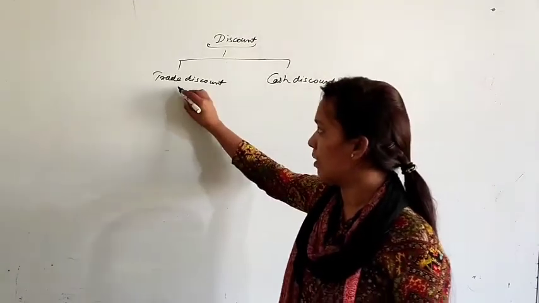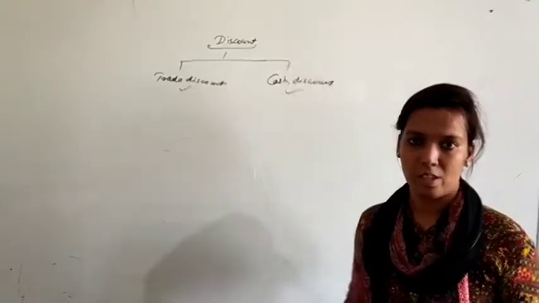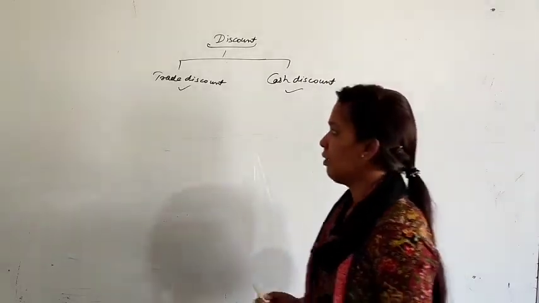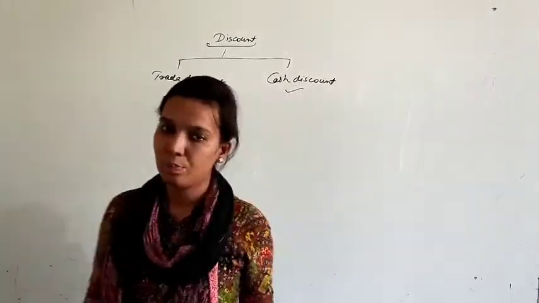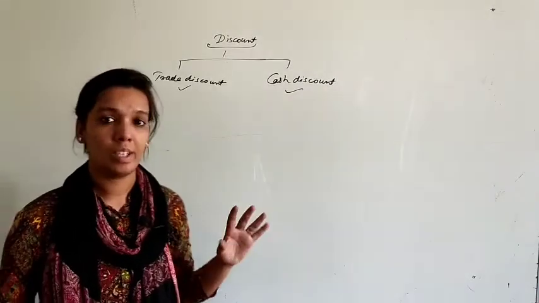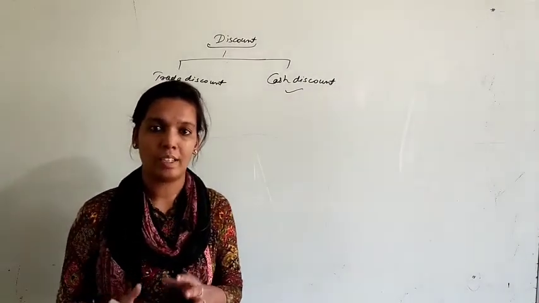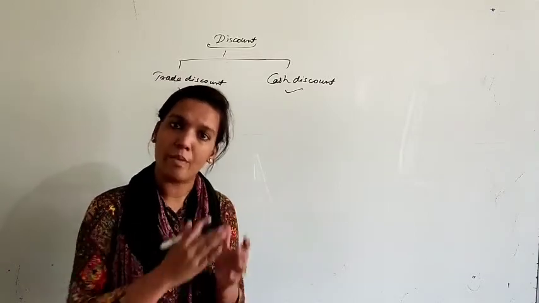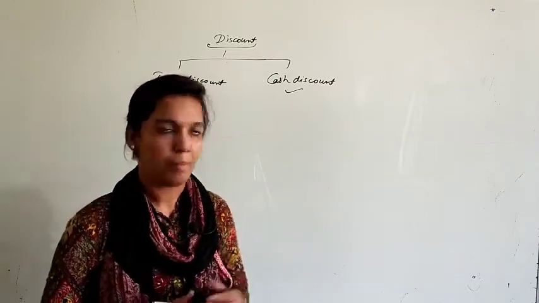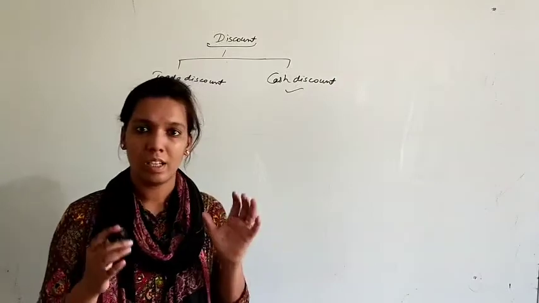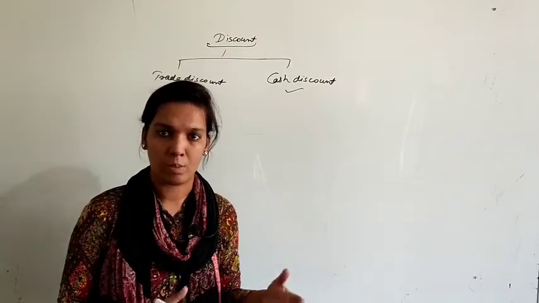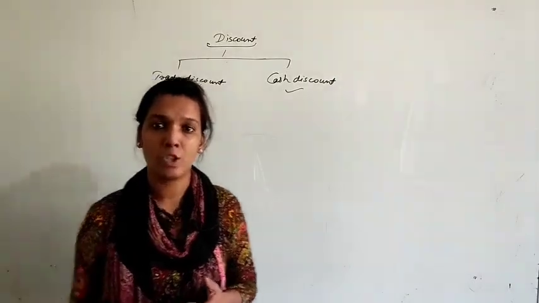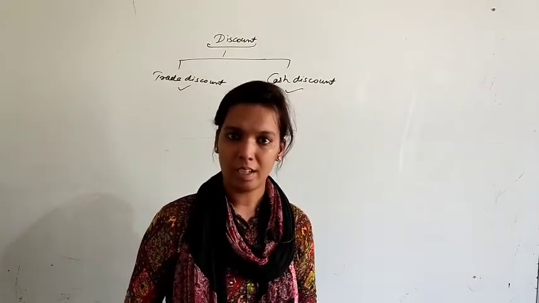So discounts are of two types, trade discount and cash discount. What are the meanings of these? Trade discount is given for increasing sales in a business, and it is given to every type of customer. But cash discount is given only to those customers who are paying cash immediately.